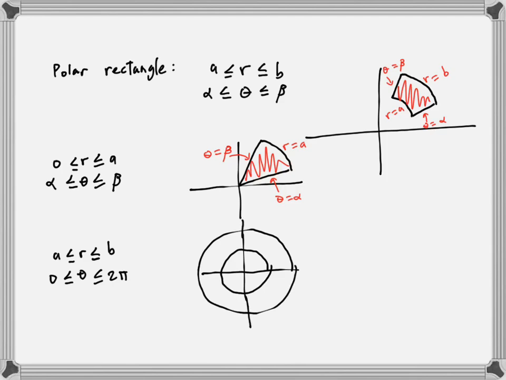So if this is r equals A is the inner circle and r equals B is the outer circle, but theta goes from 0 to 2 pi, what you actually get is this entire shape. This is considered a polar rectangle also. Okay.